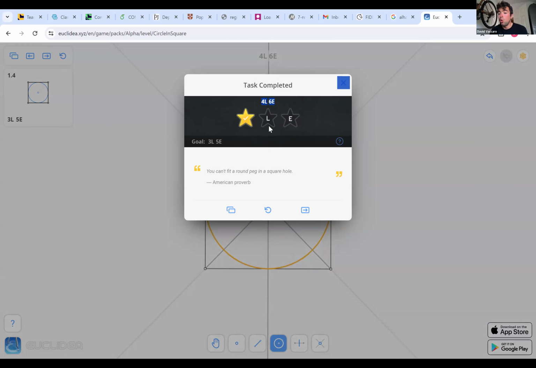Now notice that we ended up doing more work than we needed to, because we maybe drew more lines than were strictly necessary. I have to confess, I get very frustrated on the higher levels of this game if I complete a level, but then realize that I haven't done it in the most efficient way possible, and it can get very hard sometimes to find the most efficient ways.